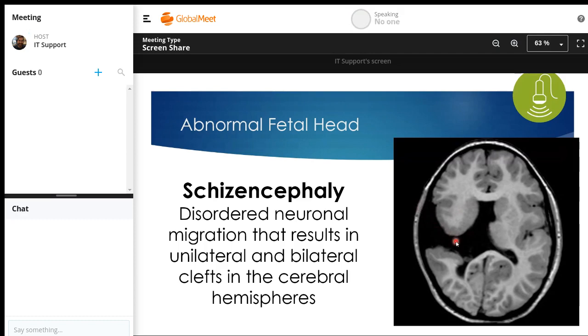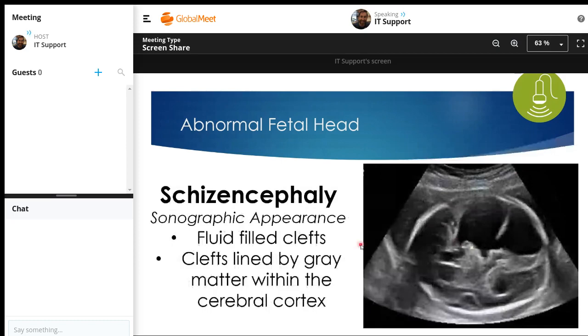So sonographic appearance, we're going to have fluid-filled clefts, just like we saw in that CT, indents into the brain tissue. And these clefts are lined by gray matter with cerebral cortex. So we have a protrusion here, but the lining of these clefts is gray matter of the brain.